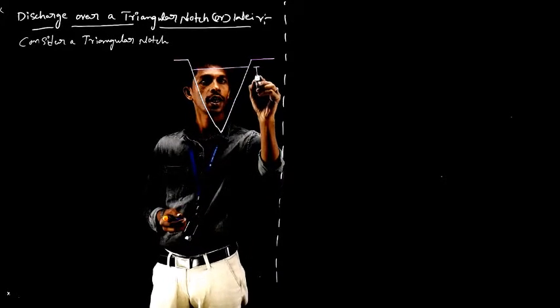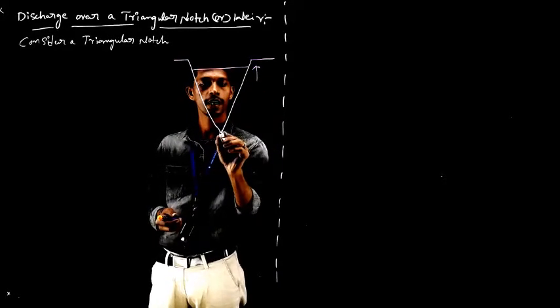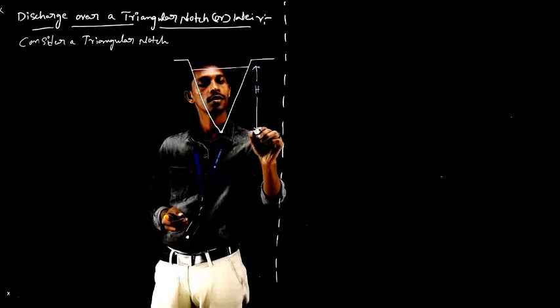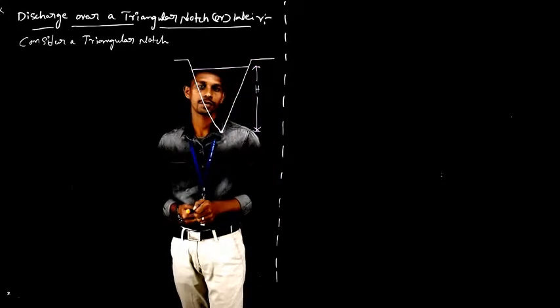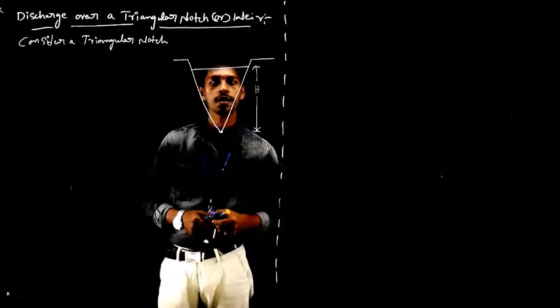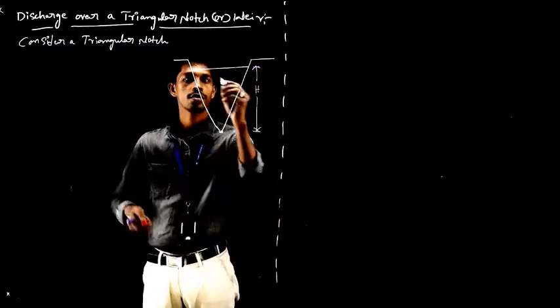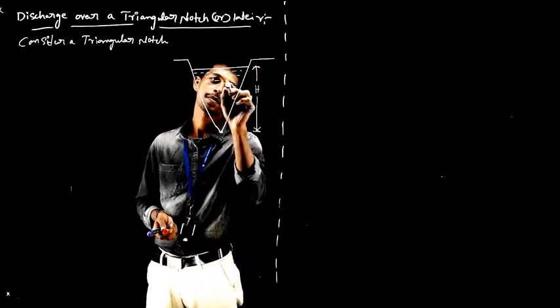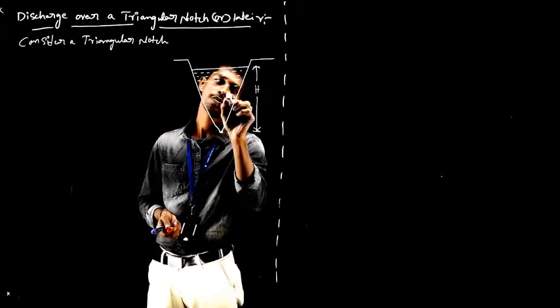So what about the height? This is the datum, right? From this, capital H will be the head over the notch. That means this is entire water. In this notch there is water.